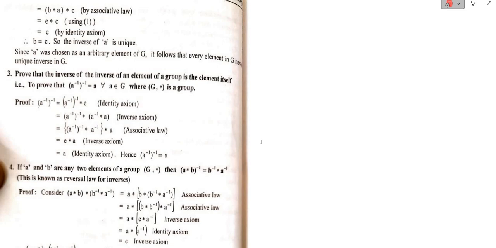So the next property: prove that the inverse of the inverse of an element of a group is the element itself. That is to prove that (a inverse) whole inverse is equal to a itself, for all a belonging to G. That means if we take a belonging to G, (a inverse) inverse equals a.